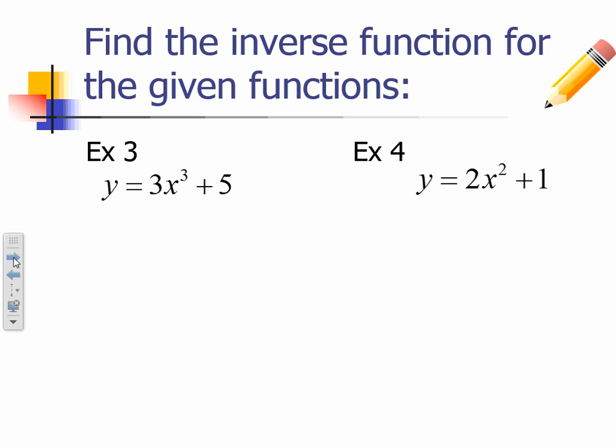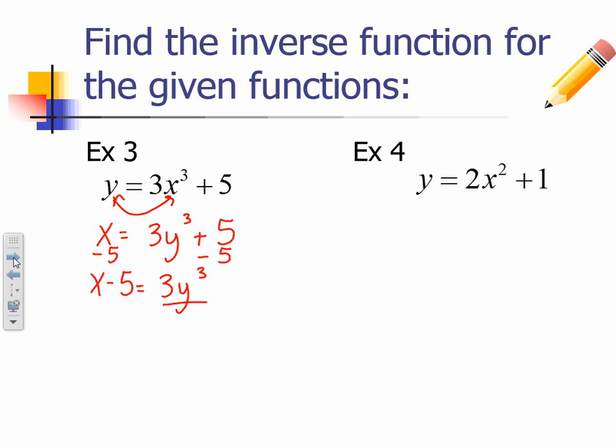So what if we have some higher powers in there, like a cube or a squared? Let's work this out. Same idea though, inverse switches x and y. So this becomes x equals 3y to the 3rd power plus 5. To solve for the y, I would subtract 5, 3y to the 3rd power equals x minus 5. Get rid of the 3 in front of the y.